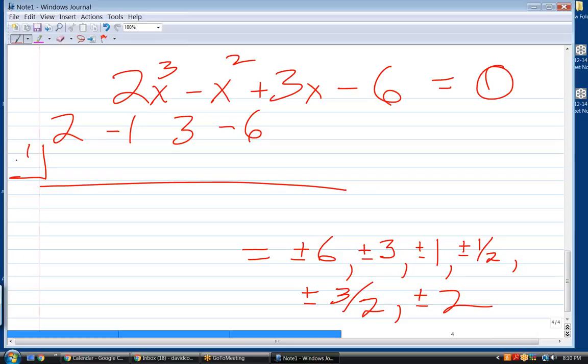Let's try 1/2 first. 2, that is 1, that's 0, that's 0, that's 3, that's 3/2, no. Put a minus in front of it and try it. 2, minus 1, minus 2, plus 1, 4, minus 2, that's not it.